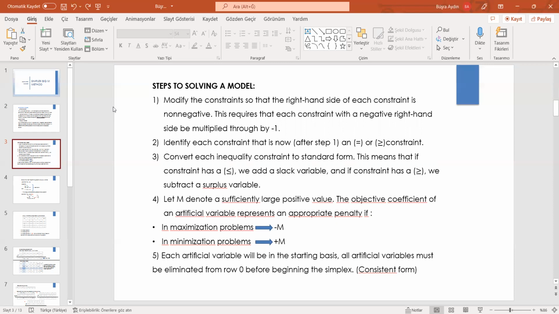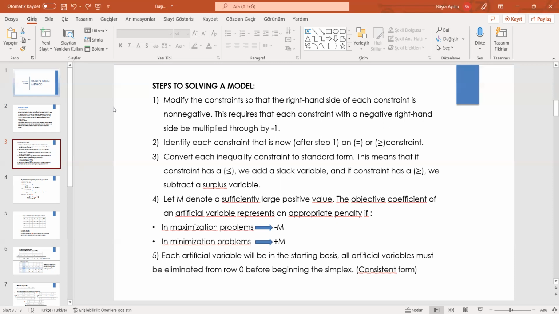The fourth step is: M denotes a sufficiently large positive value. The objective coefficient of an artificial variable represents an appropriate penalty. If we have a maximization problem, we add -M, and if we have a minimization problem, we add +M.